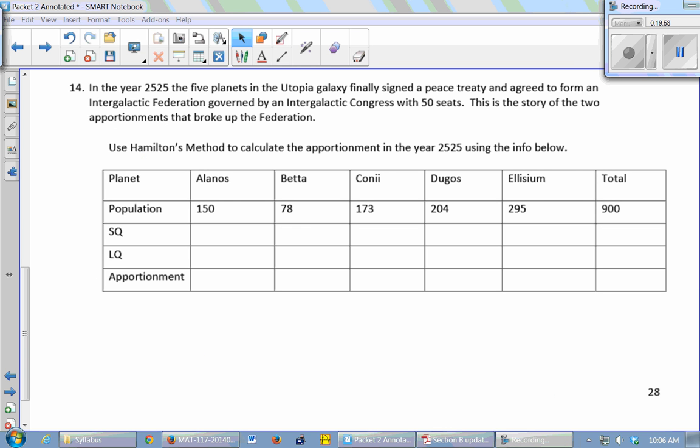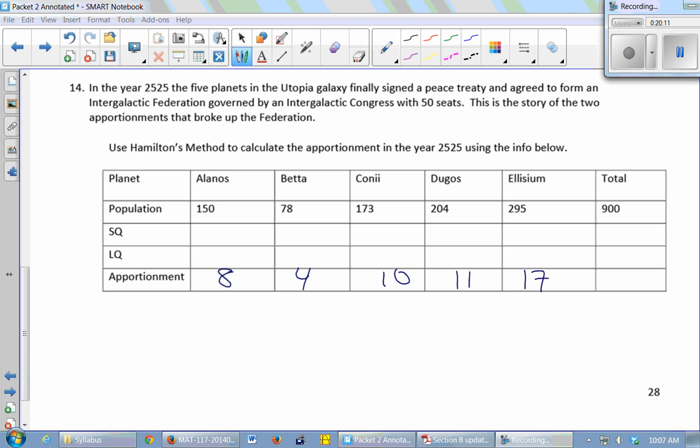Okay, so why don't you guys just tell me your results for the apportionment in the year 2525? Final apportionment. 8, 4, 10, 11, 17, adds up to 50, right? Okay, if you didn't get that, check with the neighbor or I'll come around in the next problem and help you, okay? 8, 4, 10, 11, 17, 50.